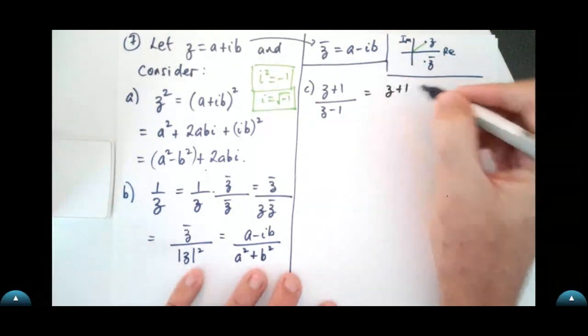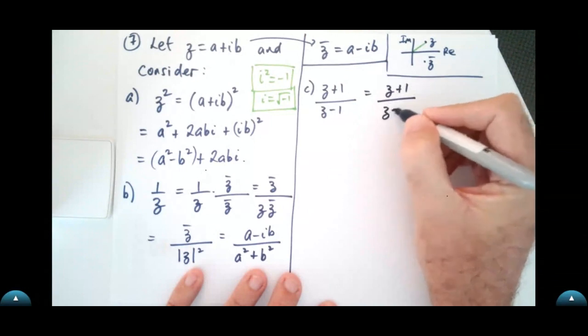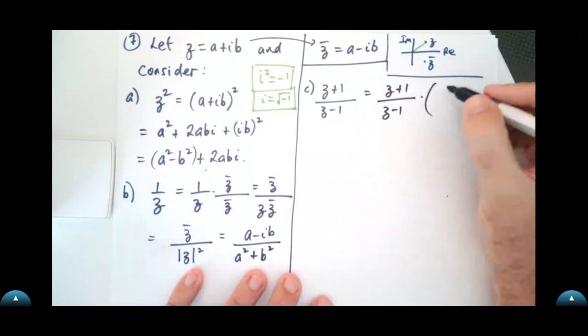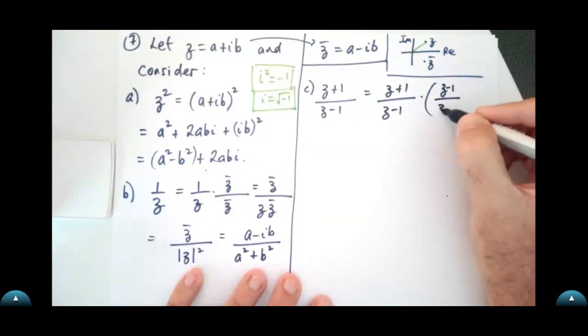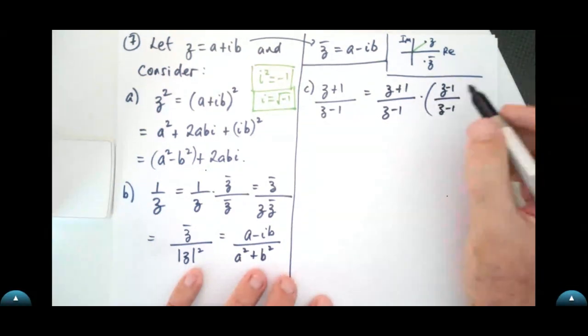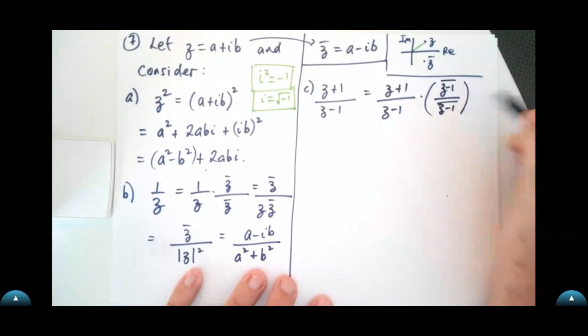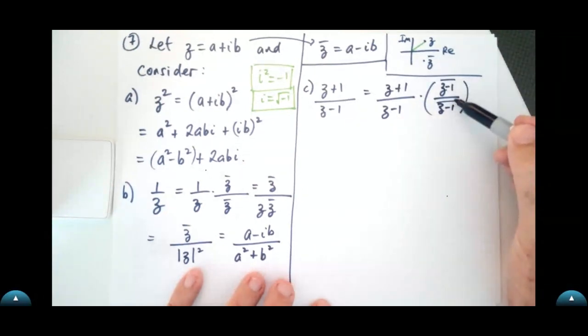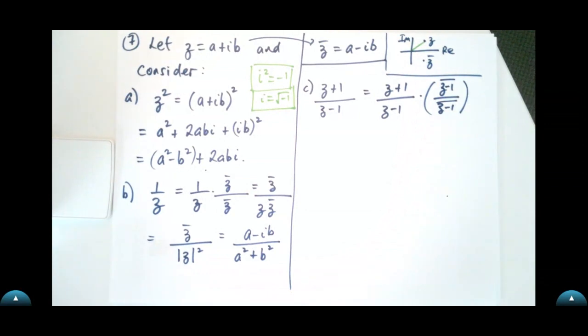And you'll be reminded of some nice properties of the conjugate, Z minus 1. So I'm going to put a conjugate in there and a conjugate in there. It's not an equal sign. It's not two divisions, the conjugate and the conjugate.